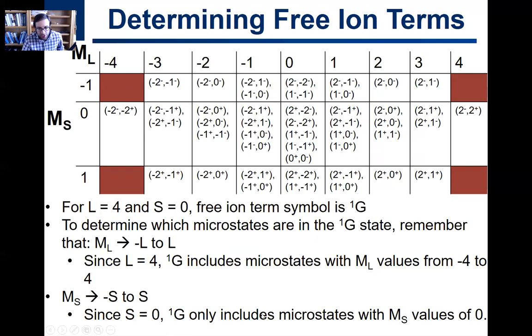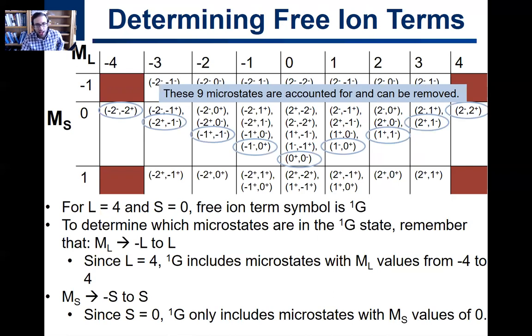And so singlet G is only going to be from 0 to negative 0, so from 0. So we're looking for microstates with M sub L values from negative 4 to 4 and M sub S values of 0. And there, we're going to just choose one from each of these that satisfies these M sub S and M sub L values. And so there's 9 of them, right?